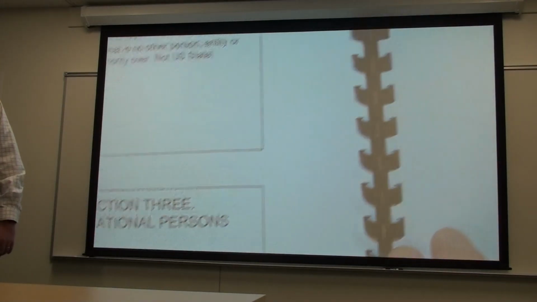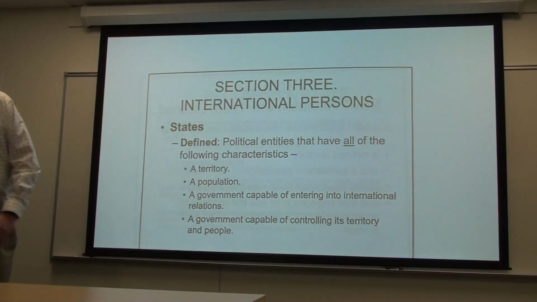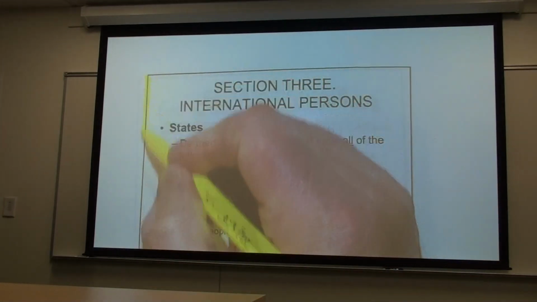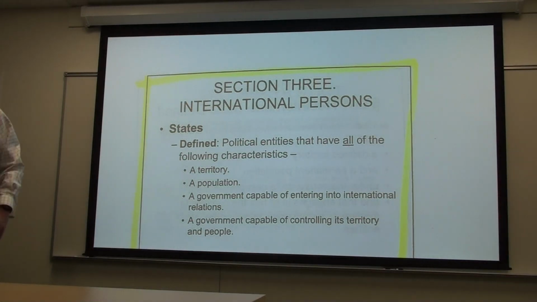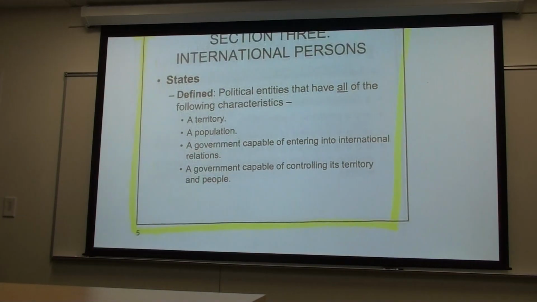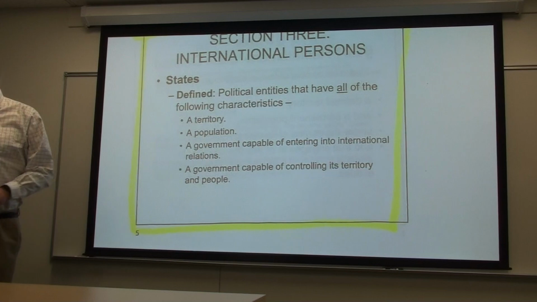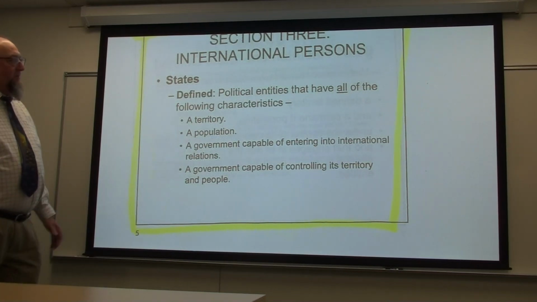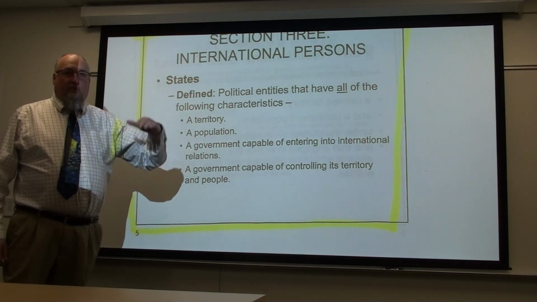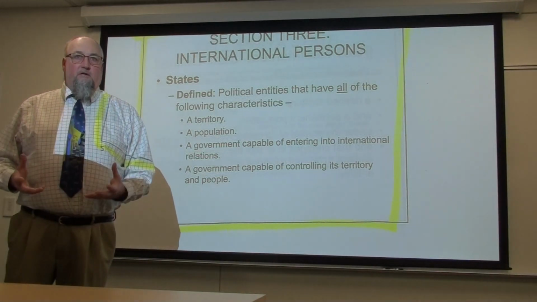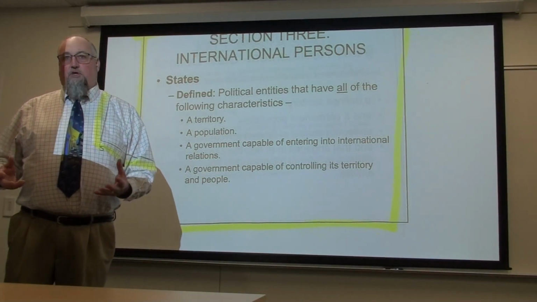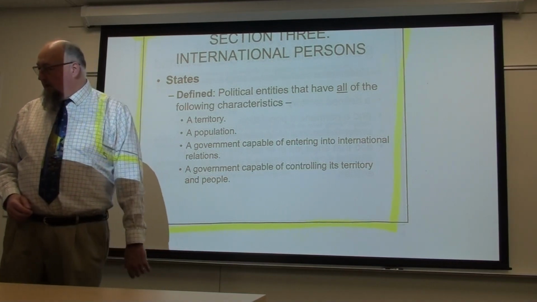So let's talk about the first test I want you to know. This is the 4-part test that comes from the Montevideo Convention on Rights and Duties of States. It's like a 4-part test that is used to determine if there's statehood, if it meets the definition under the terms of the treaty.